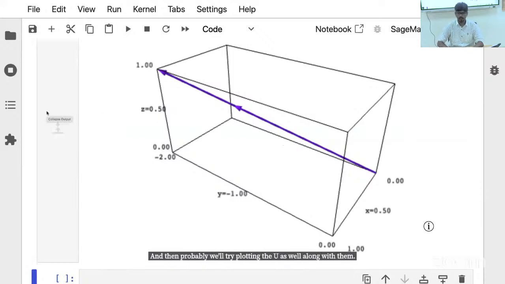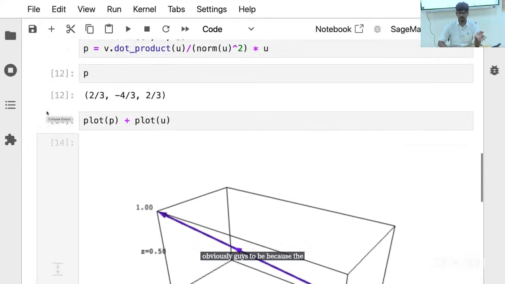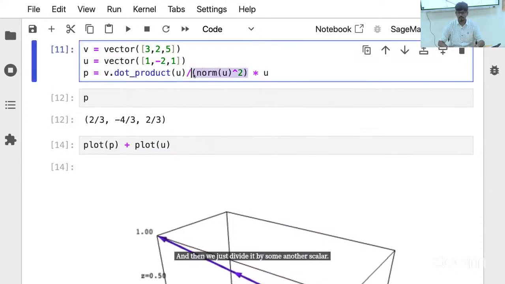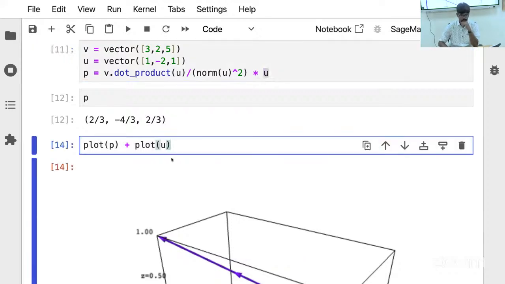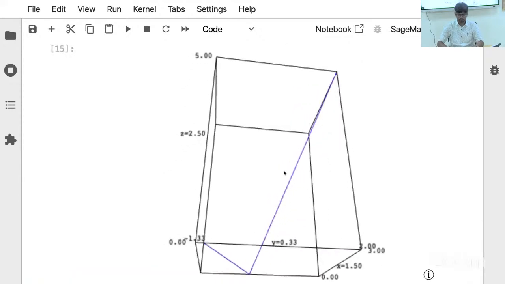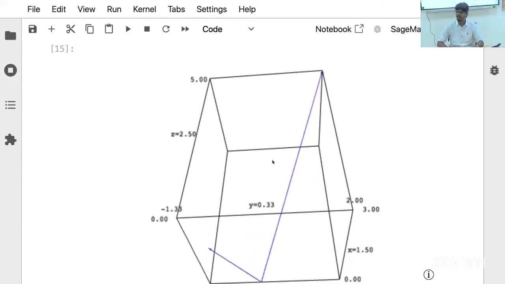So U and P are now in the same direction. That is clear, right? Obviously it has to be, because the dot product is some scalar, which we divided by another scalar, and then multiplied with U. So P is a vector in the same direction as U. What about the V? That's my V over there.